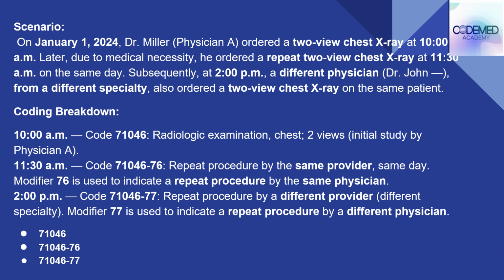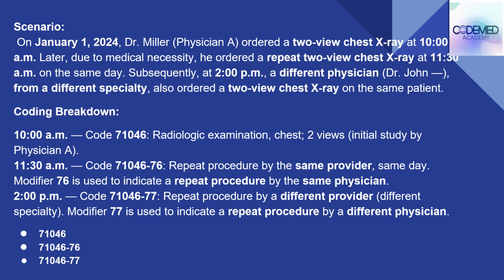At 10 a.m., 71046, radiological examination, chest 2 views, initial study by Dr. Miller. Then at 11:30 a.m., 71046, that is a repeat procedure by the same provider on the same day. We will use the modifier 76.